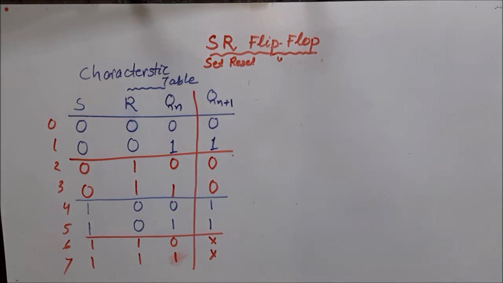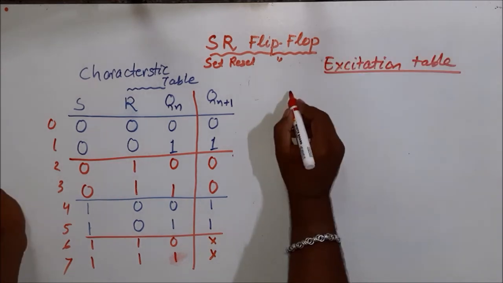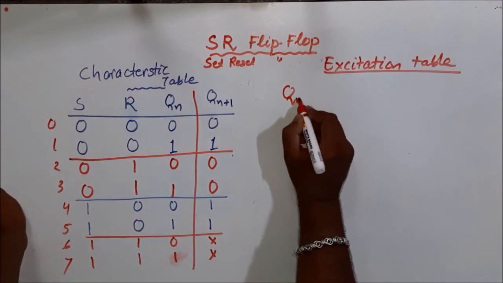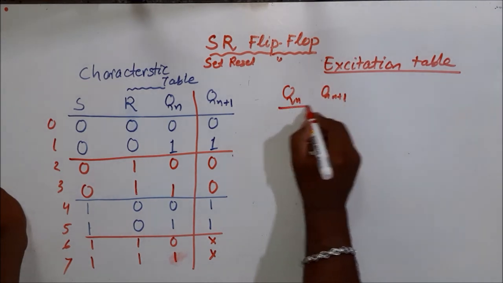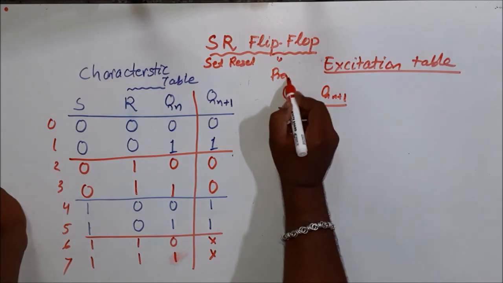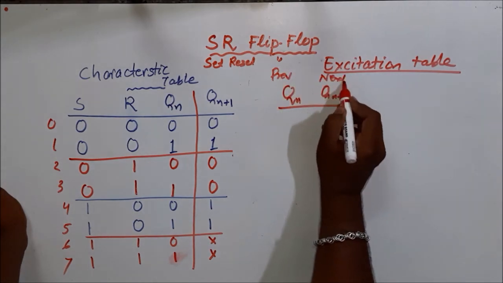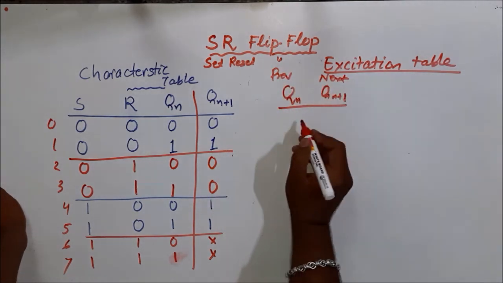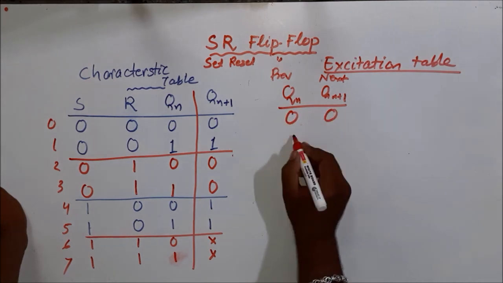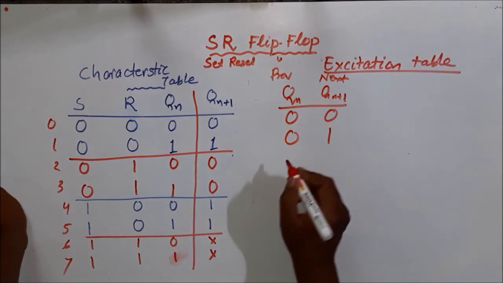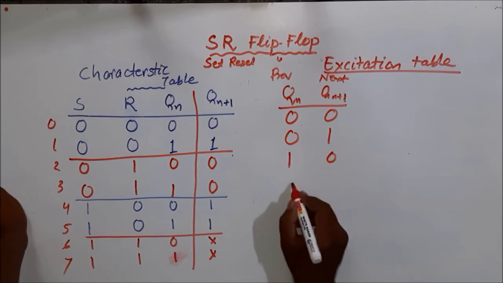After studying the characteristic table, we will study the excitation table. Qn is here, and Qn plus 1 is here. So this is my previous state and this is my next state. So I have the combinations 0 0, 0 1, 1 0 and 1 1.